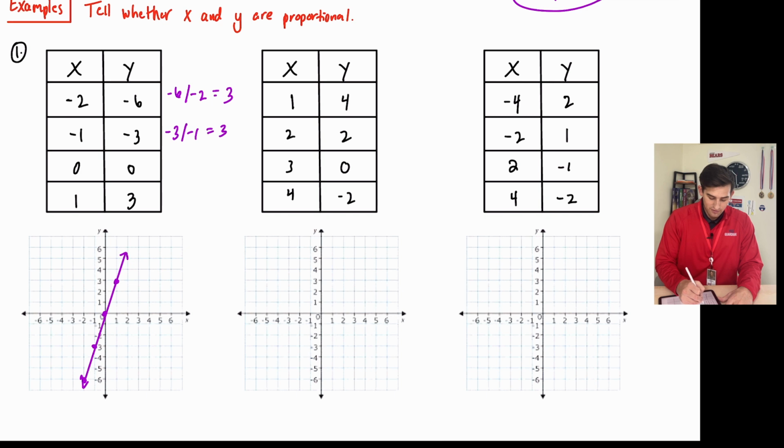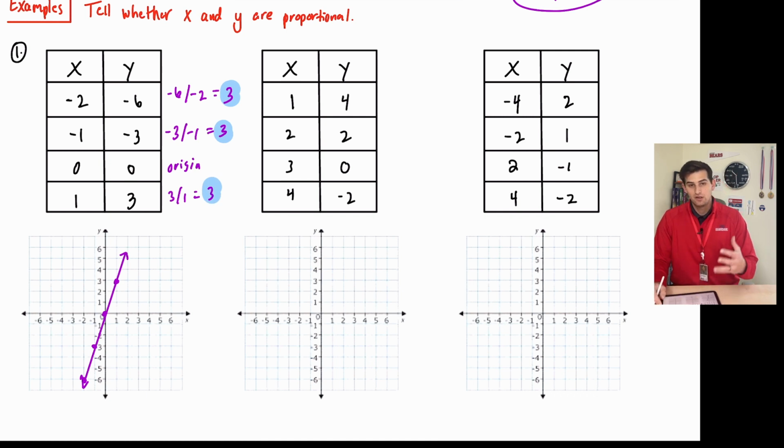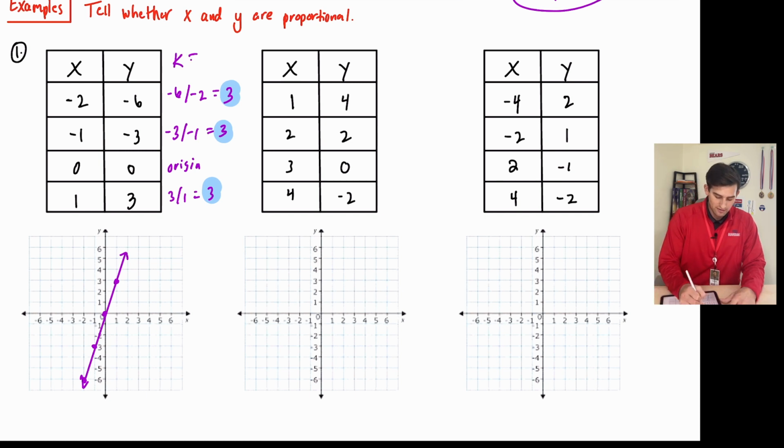Now remember, 0 divided by 0, we're going to omit that one, because we don't want to divide by 0, so we don't have to worry about that point because that is just our origin point. Our last one, 3 divided by 1, is also 3. So all of those answers of y divided by x were 3, so our constant of proportionality in this case is 3.